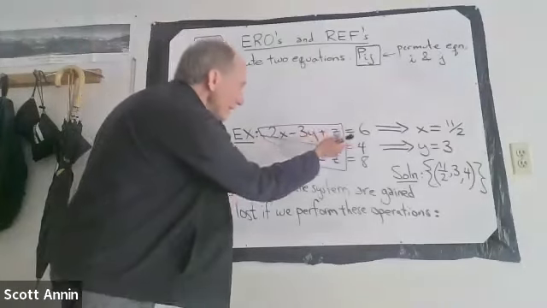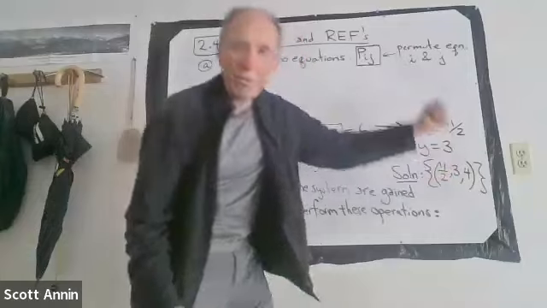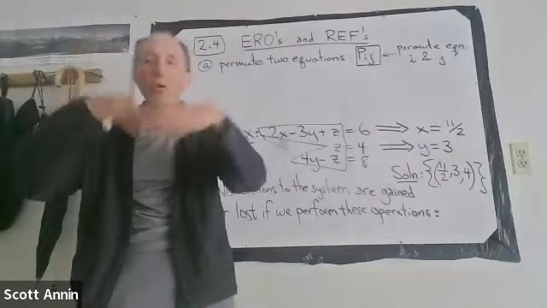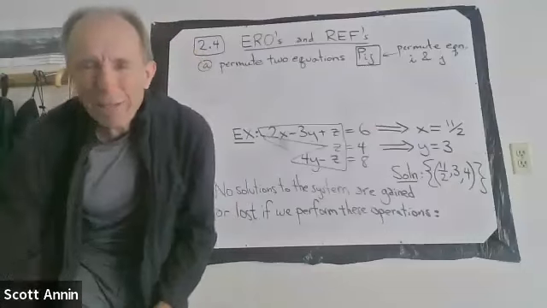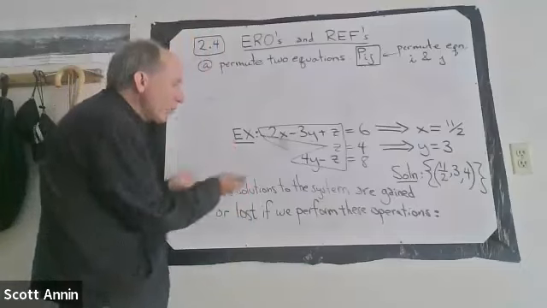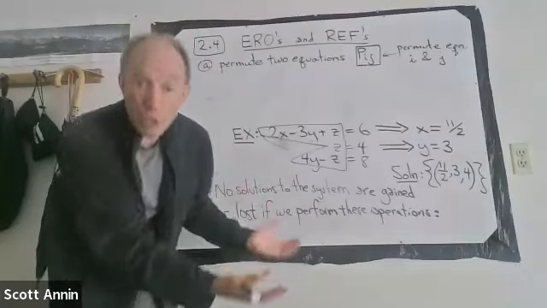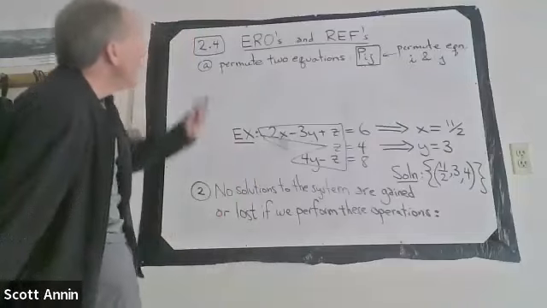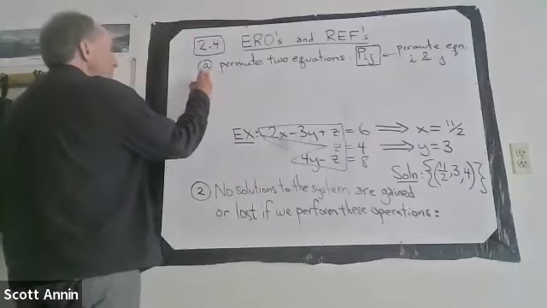We still have z equals 4, we still have y equals 3, we still have x equals 11/2. So if you just switch the order of your equations, you're not really fundamentally changing your linear system, and so you're not going to gain or lose any solutions to that system in the process. It's a safe operation to do.